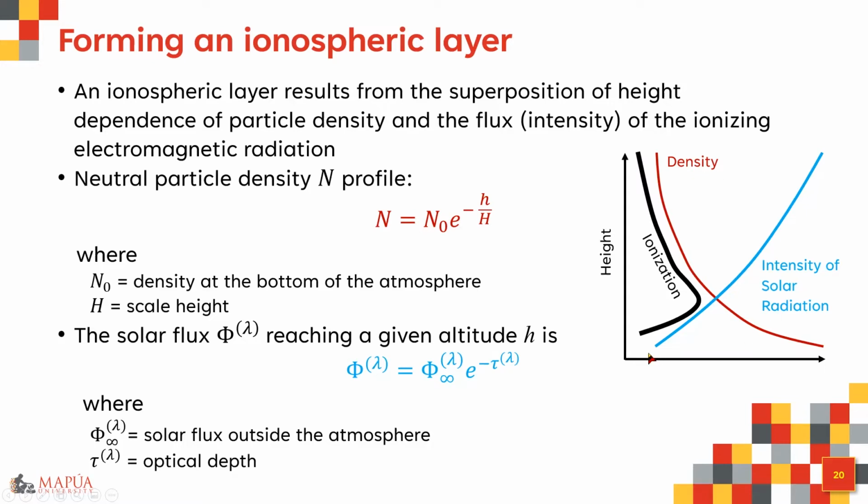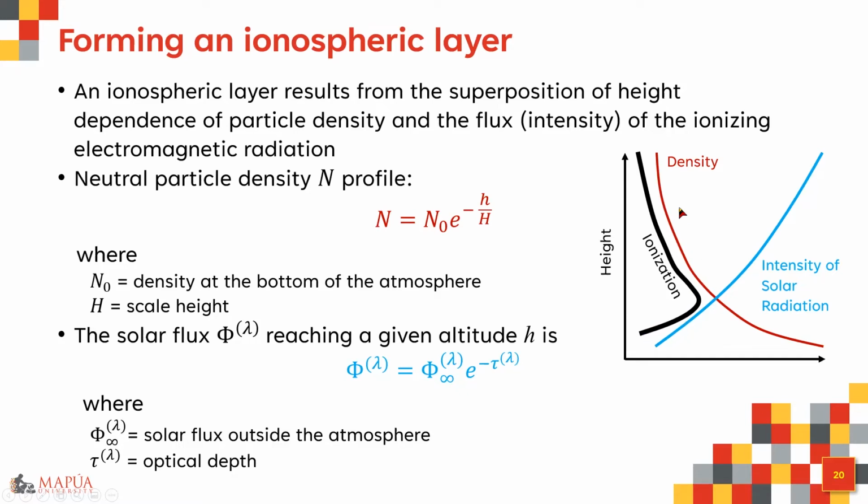On the other hand, if you go further below, you have a lot of gases that can be ionized, but at that height, the energy that is available to ionize these gases is very low. So the ionization there will also be low.